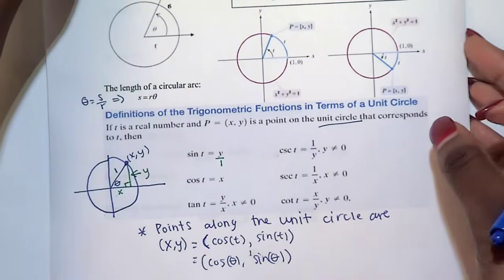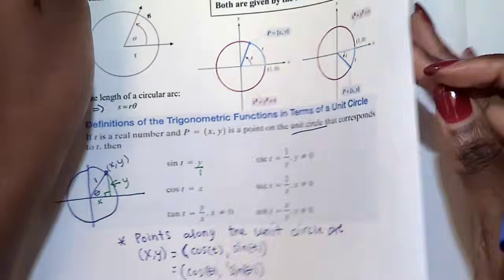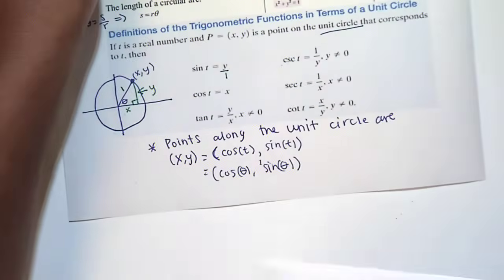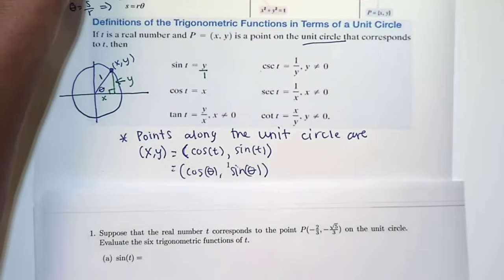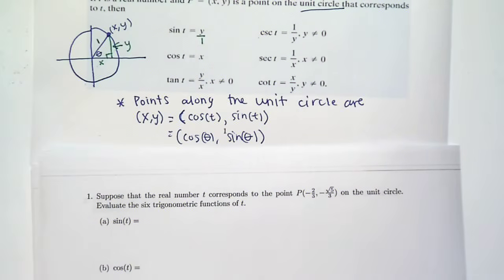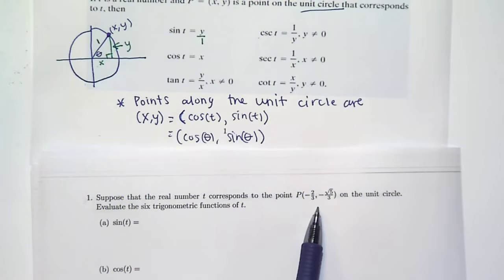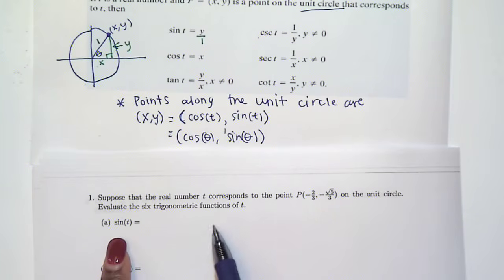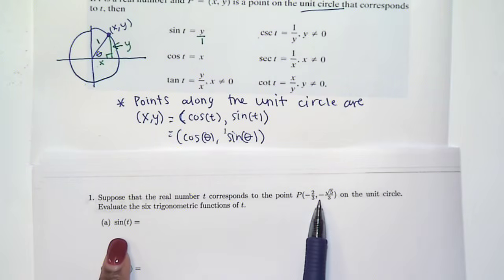Okay, let's do an example using these, because I think it'll be a little more clear once we use them. This next example says, suppose that the real number t corresponds to this point on the unit circle. Evaluate the 6 trig functions. We want to find sine of t when t corresponds to this point.